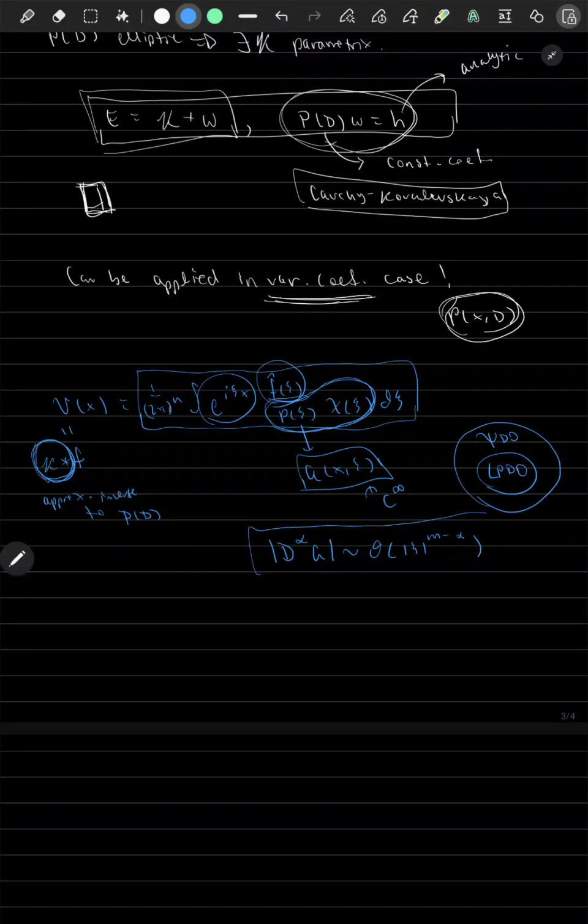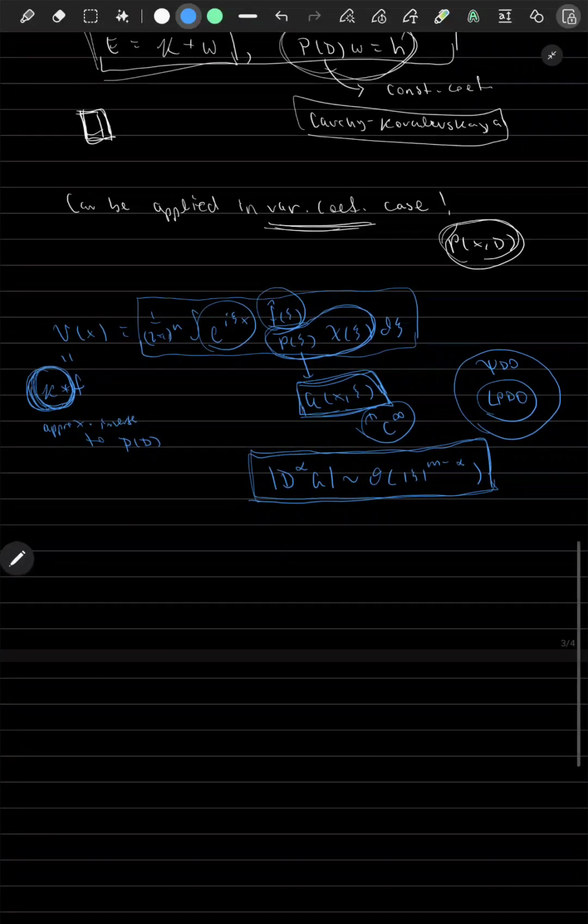So something like this. This A, which we call a symbol, is the symbol of the pseudodifferential operator. The pseudodifferential operator is defined by its symbol. The symbol must be a C infinity function that satisfies some bound on its derivatives. And so this is how we generalize. Then we take this right-hand side with an arbitrary symbol, and this would define an operator of this type here.